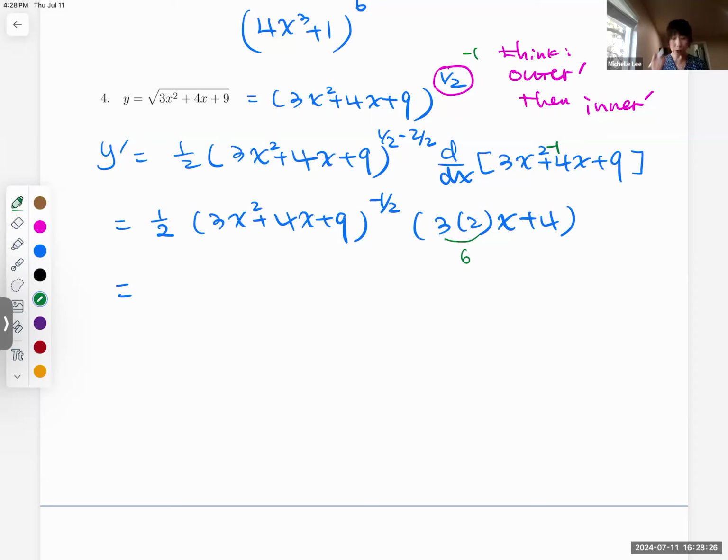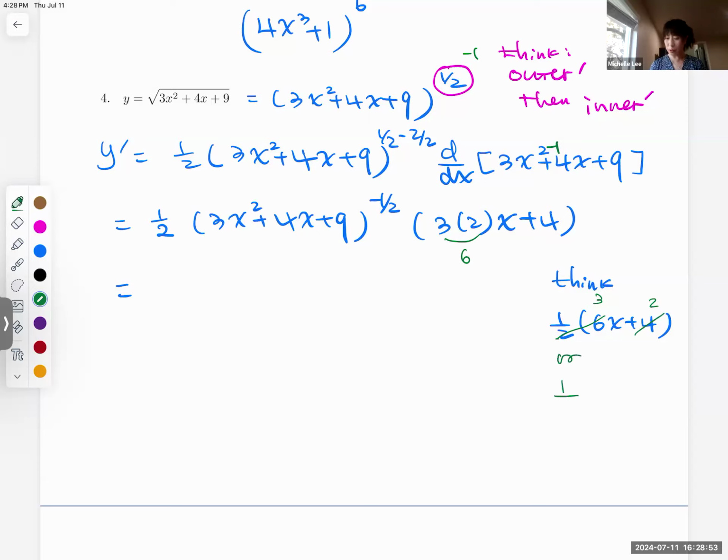And let's do one more time. Let's just simplify. 1/2 times 6x plus 4. We can simplify this one, right? 2 goes to 6 3 times. 2 goes to 2. 2 goes to 4 twice, yeah?